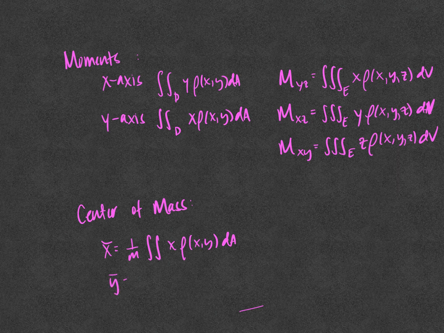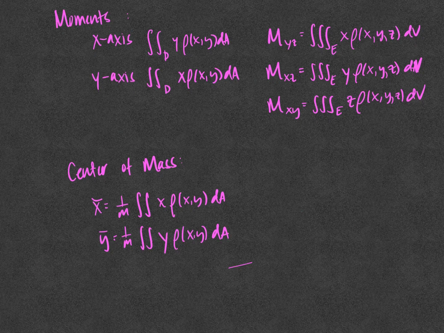And the y coordinate for the center of mass is 1 over m times the double integral of y times rho of xy in terms of the area. And remember that m is the mass, and the mass is given as the double integral over the region of rho of xy dA.